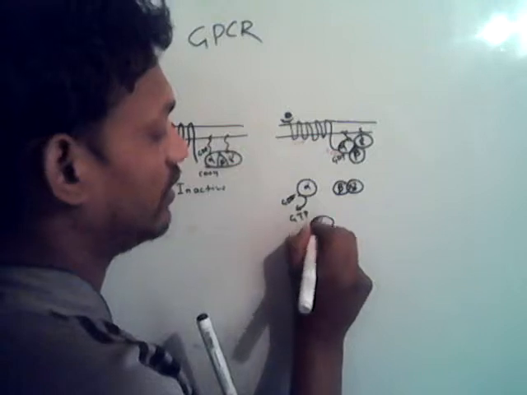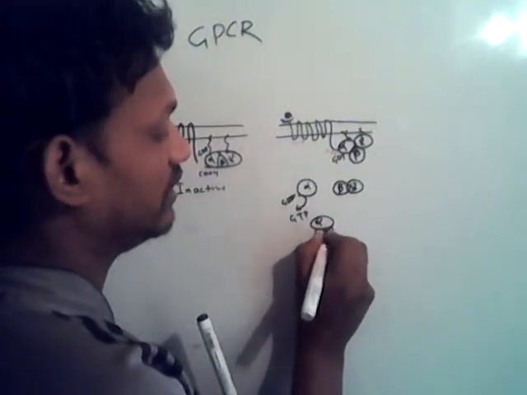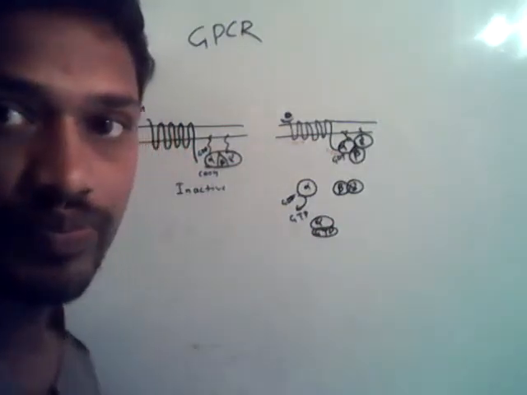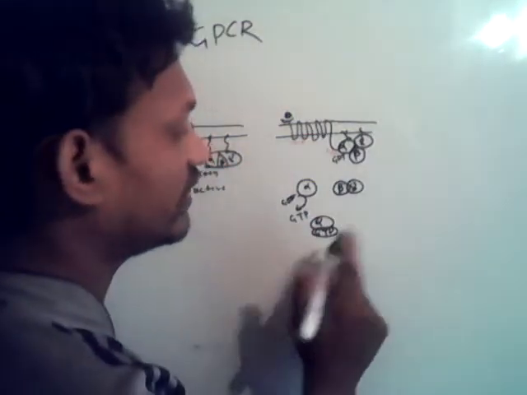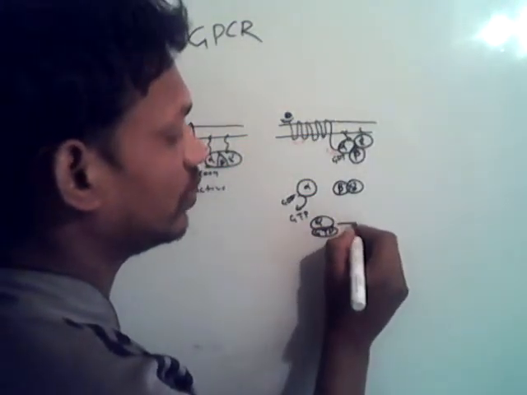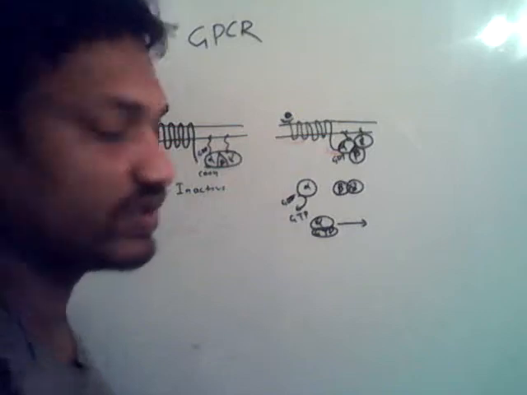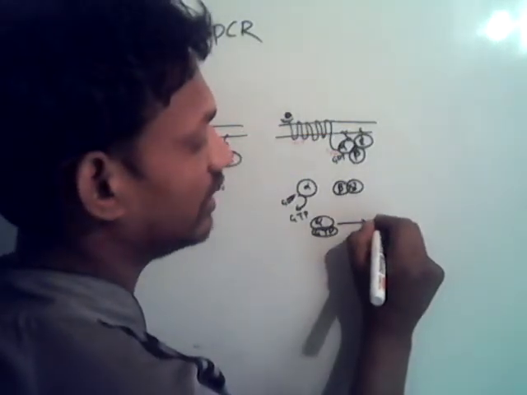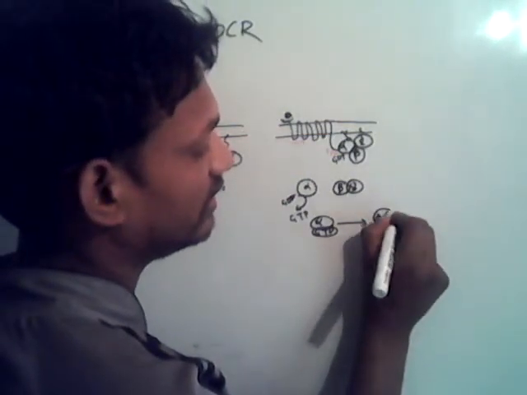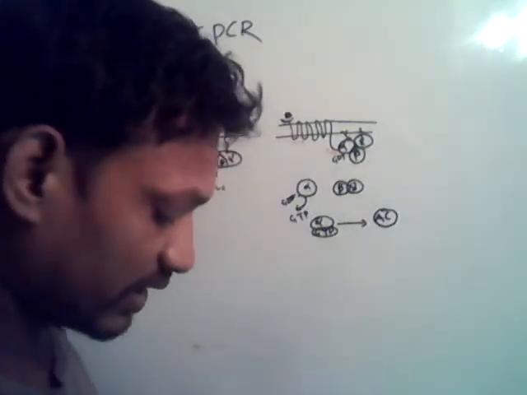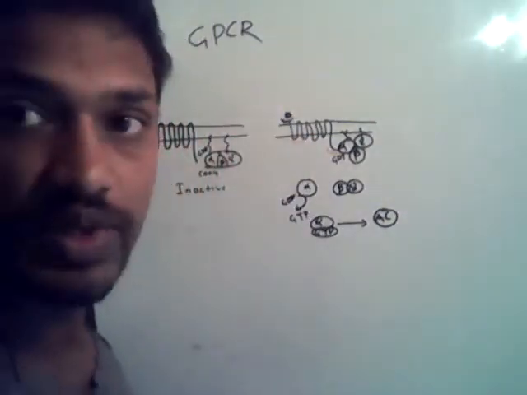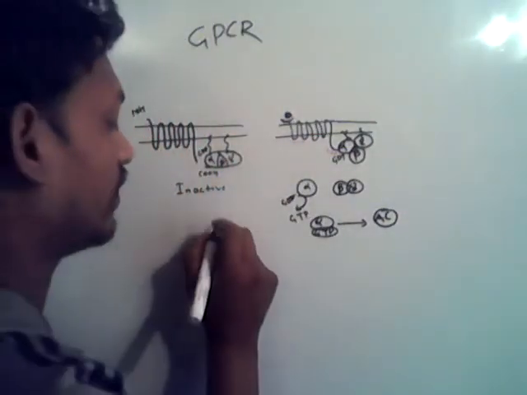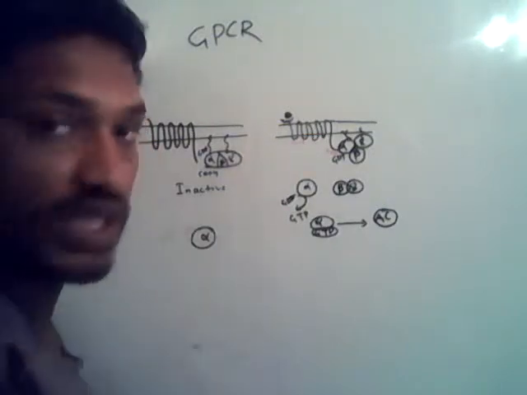Now alpha GTP is formed. As alpha GTP is formed, in general it goes to the adenylyl cyclase. It inhibits or activates adenylyl cyclase depending upon which kind of alpha protein it is.